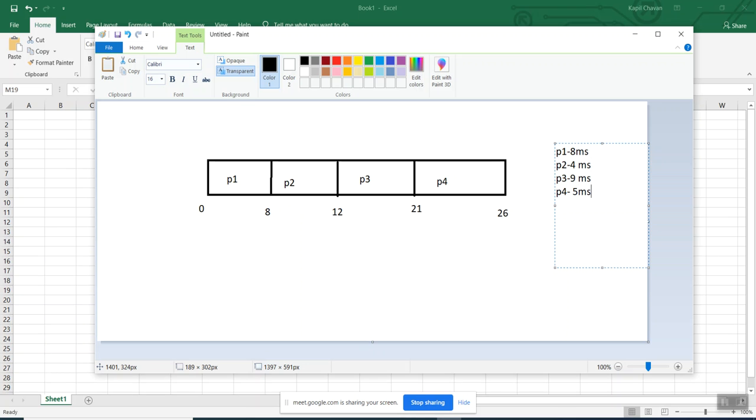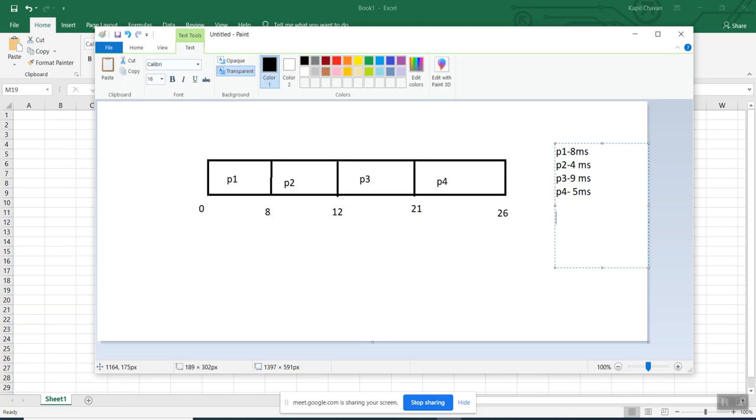Now you can understand here that the P1 comes first, so directly we can start it. So P1 takes the waiting time as 0. Then P2 comes, but already P1 is being executed, which requires 8 microseconds, so P2 starts at the 8.